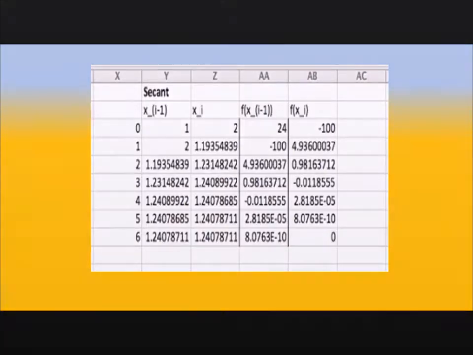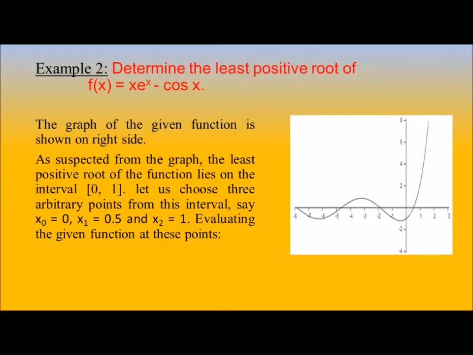Now let's see the next slide for example 2. Yes, here we are going to take f(x) = x e^x - cos x. Let's start by taking f(x) = 0 and then following the whole process as in example 1.